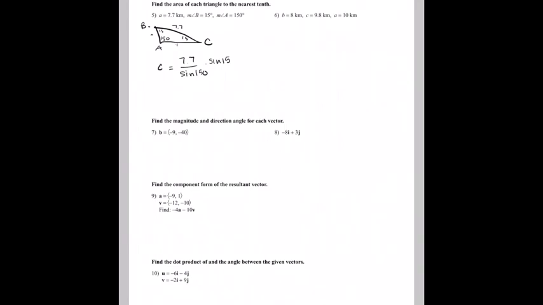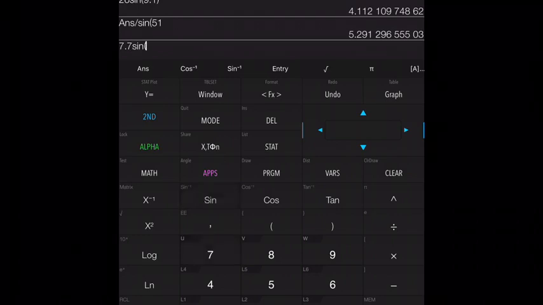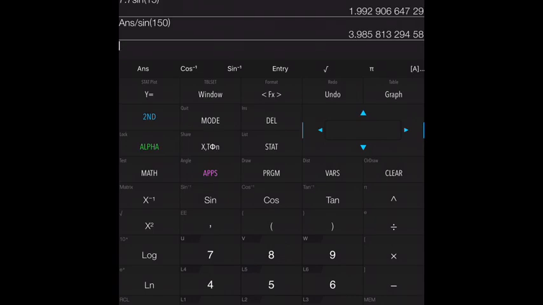So now the length of C is 7.7 times the sine of 15 divided by the sine of 150. We get 3.99.